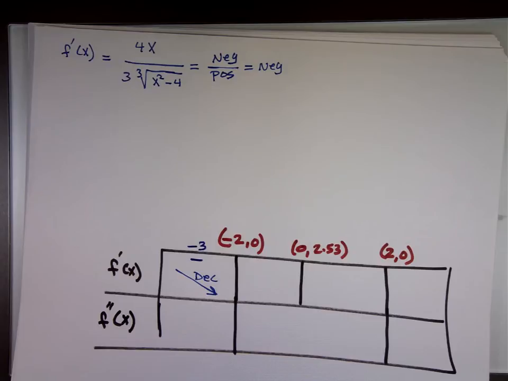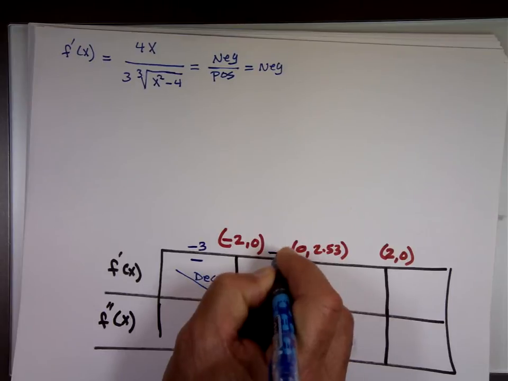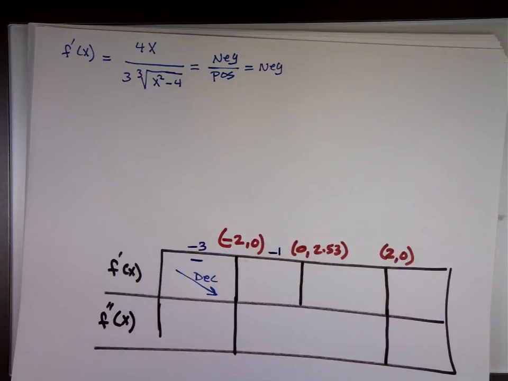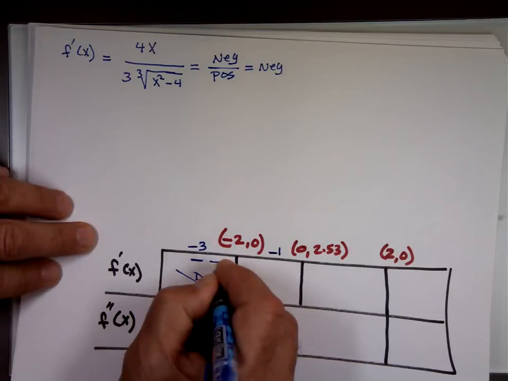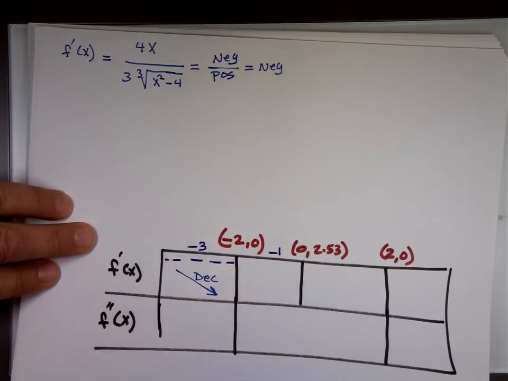Let's take a test point between -1 and 0. How about a -2 and 0? How about a -1? You can see my subconscious knows what the number is. I'm going to test the -1. If you want to put minuses there as a reminder that it's going to be a negative, you can do that. Minus, minus, minus, that's a negative value. Let's try the -1.